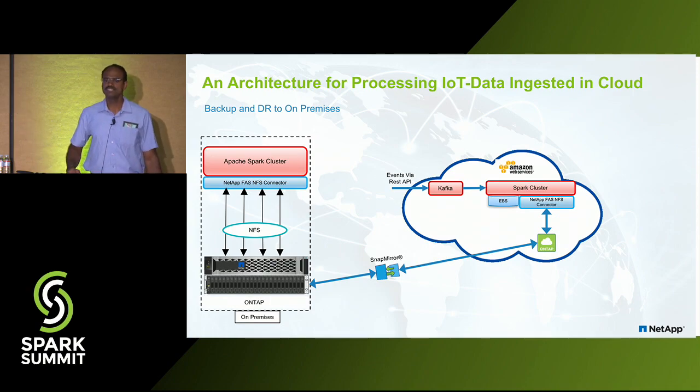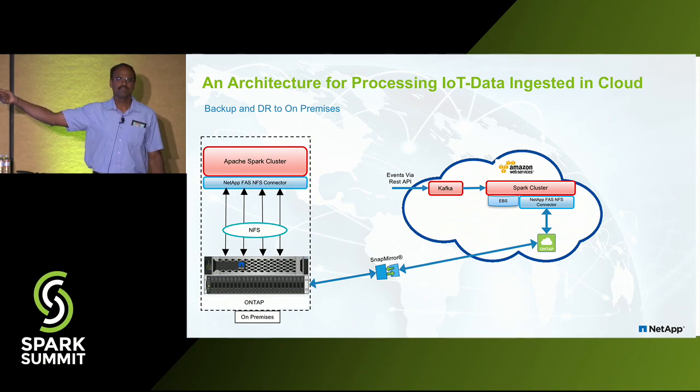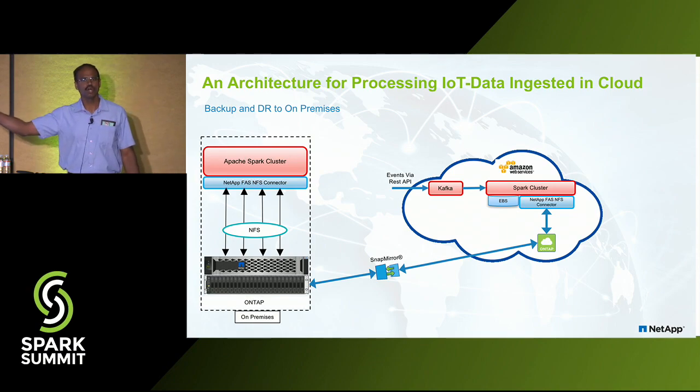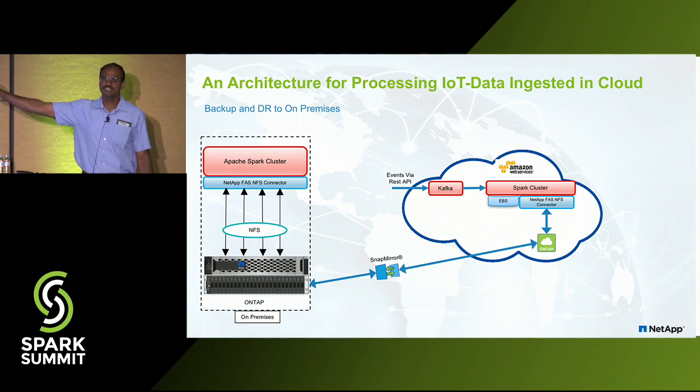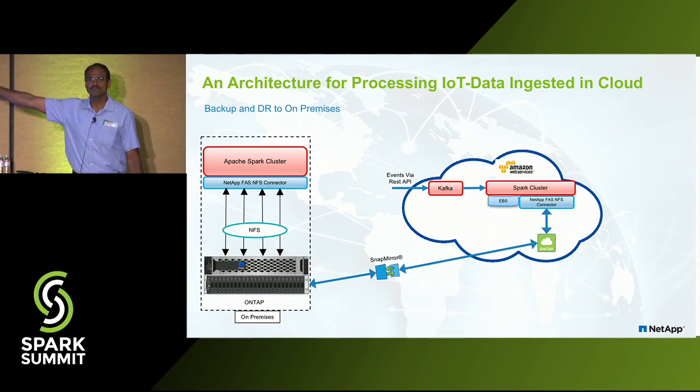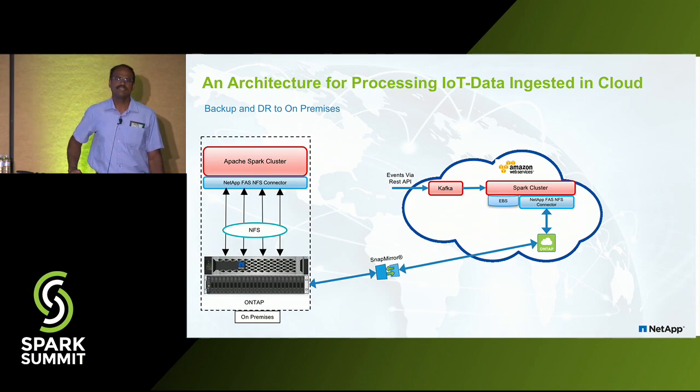Nilesh also mentioned 2 deployment options. We can use NFS side by side with HDFS. The same methodology, the same deployment option, we use here. So HDFS is running in EBS, and the NFS connector accesses the data from Cloud ONTAP, through which we copy the data using Hadoop native commands, Hadoop DistCp.